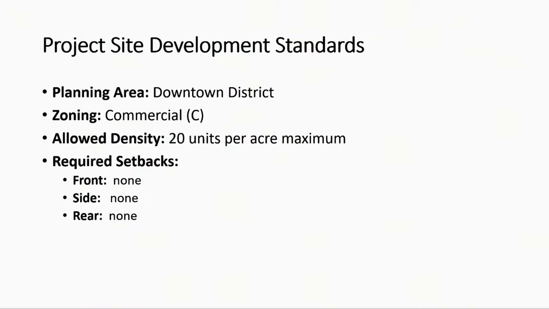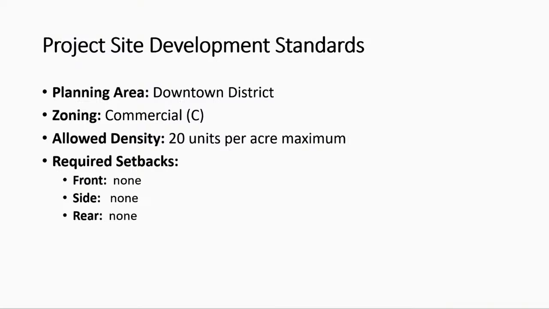So the applicable development standards for the project, this is located in our downtown district. And just to give commissioners who are coming up to speed a little bit of information, Sonoma does our planning a little bit unique compared to other jurisdictions. So we have 11 planning areas, and for each project, one of the first things we do is look at what planning area it is, and there are different standards depending on which planning area.